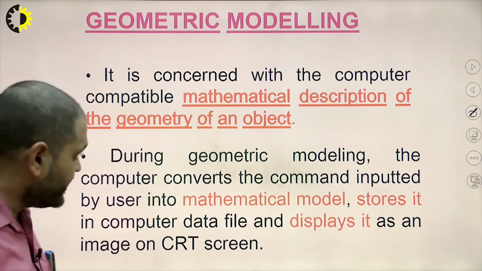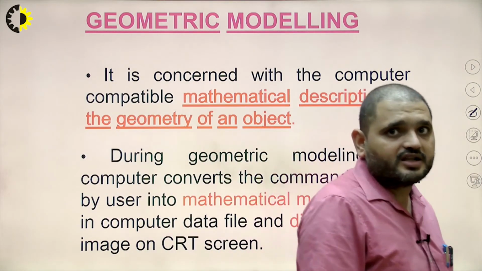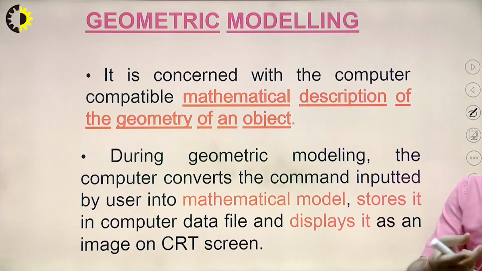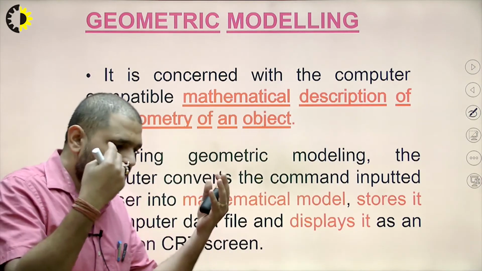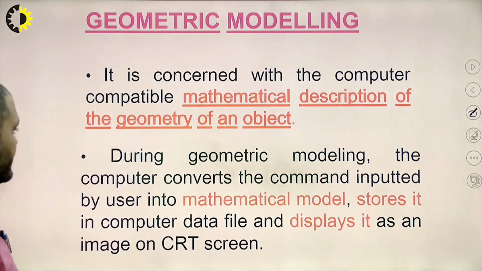What is geometric modeling? It is concerned with the computer-compatible mathematical description of the geometry of an object. So the actual dimensions of the product, the spacing of the product, the center of mass can be found out. Obviously center of gravity you cannot find out, but center of mass is there.